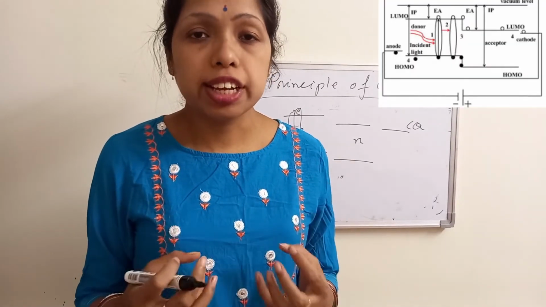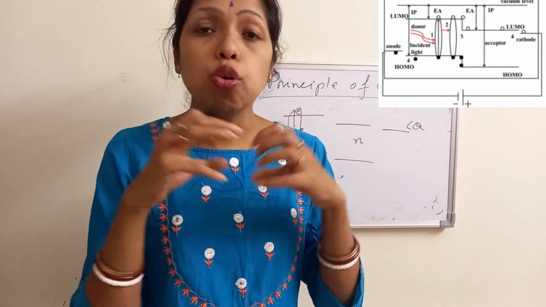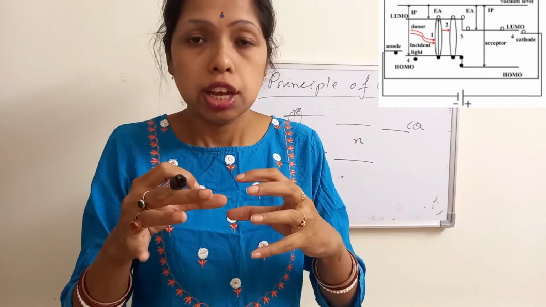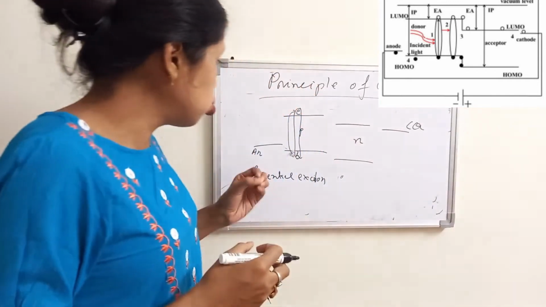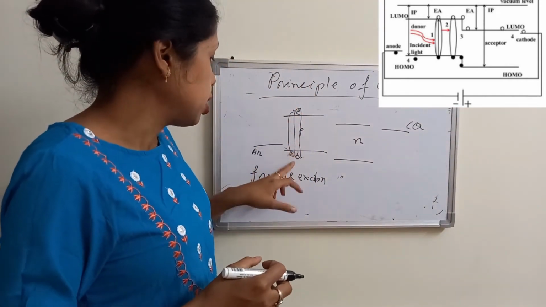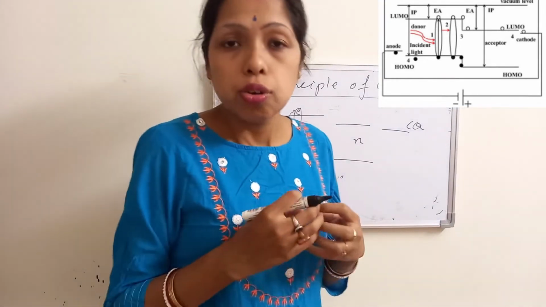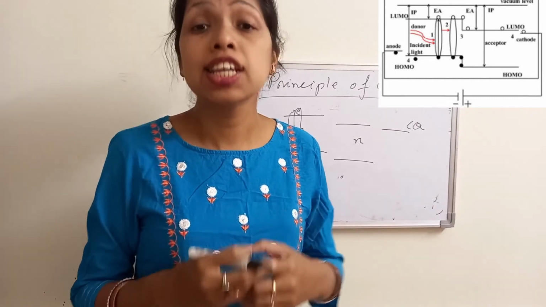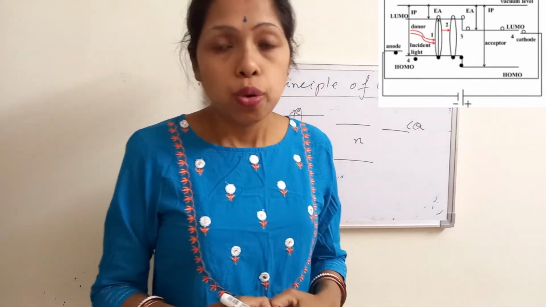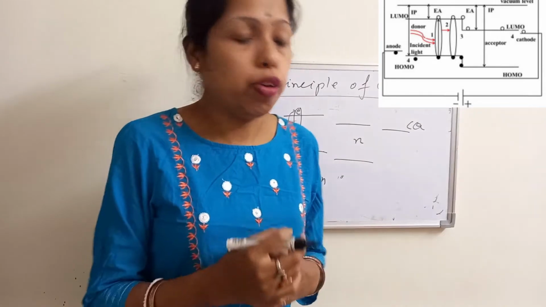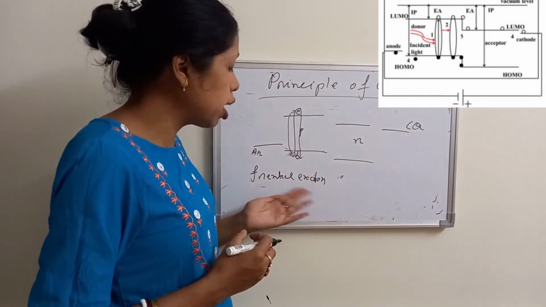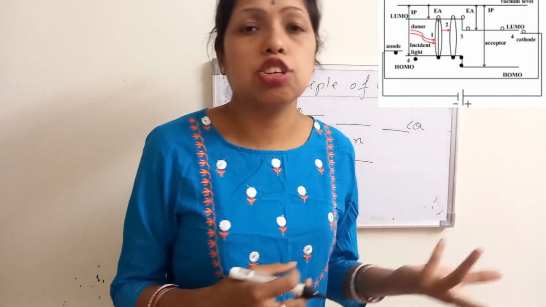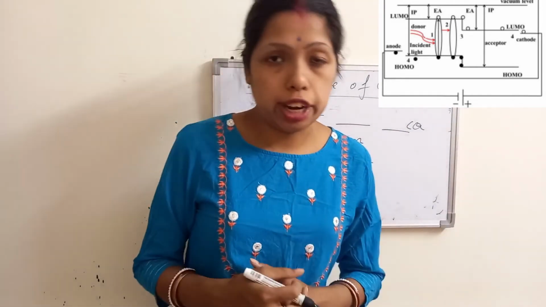So the electron-hole pair is strongly bound to each other due to the Coulombic force, as the dielectric constant is low. So that kind of exciton is the Frenkel exciton, which is generated in the organic semiconductor due to its structure.